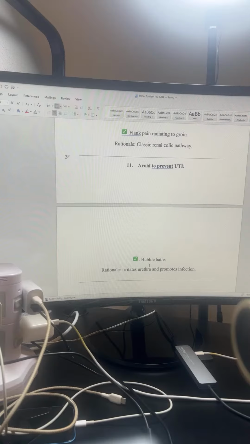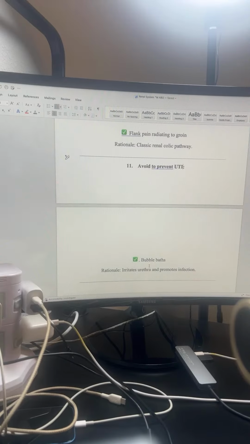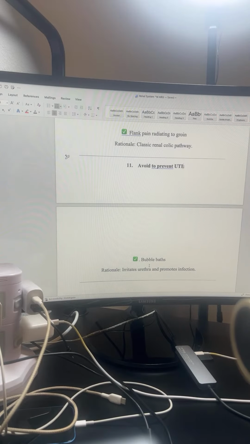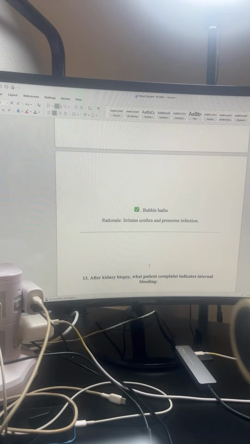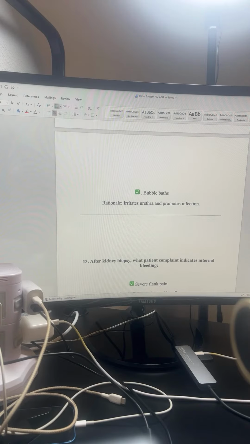Urinate after. Douching. Oh Lord. Okay. All right, you guys see it already.